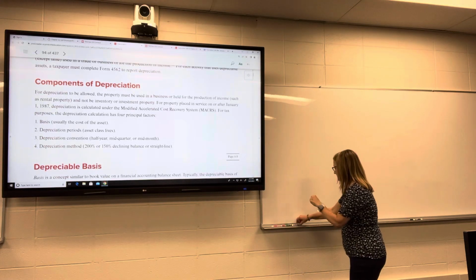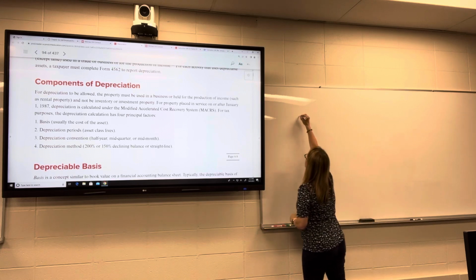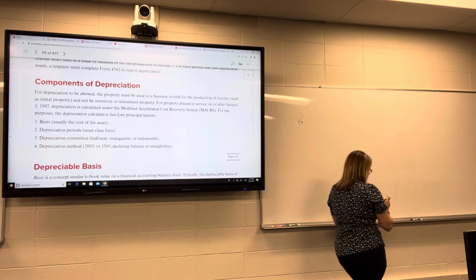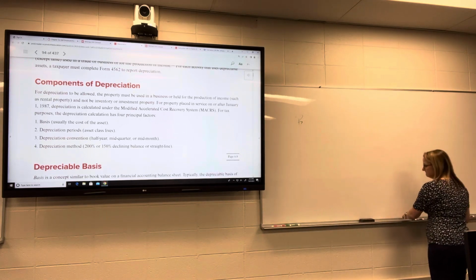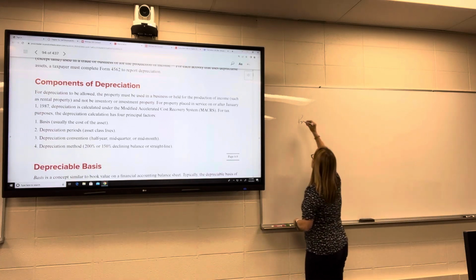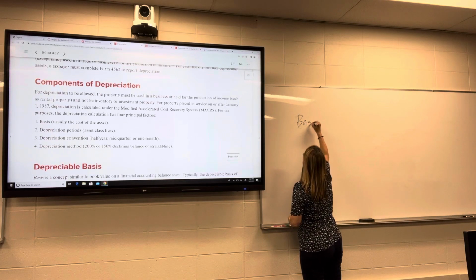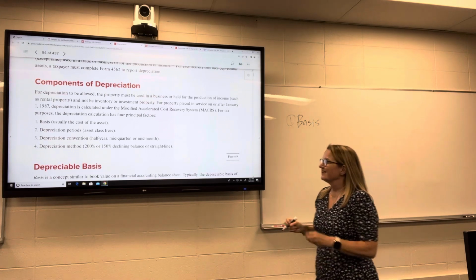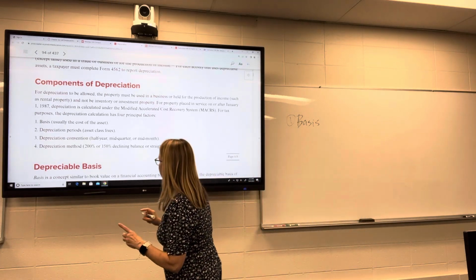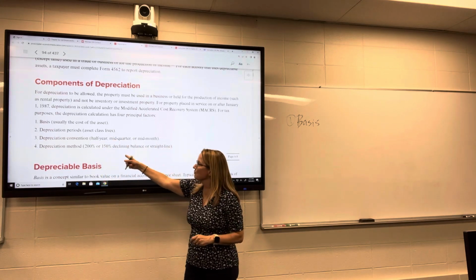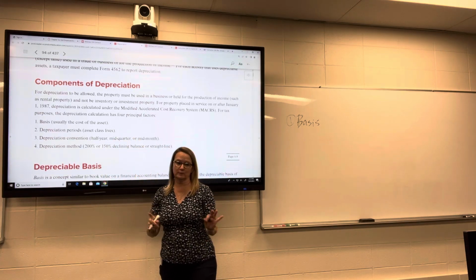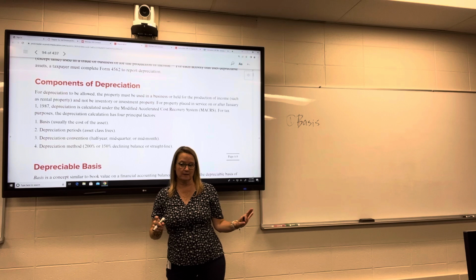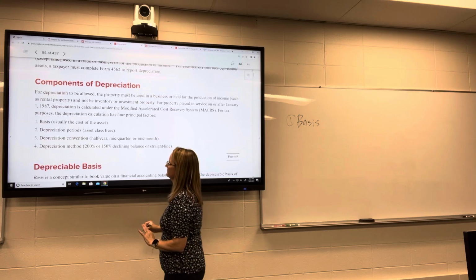But remember these. We need to know all 4 of these before we can depreciate an asset for tax purposes.